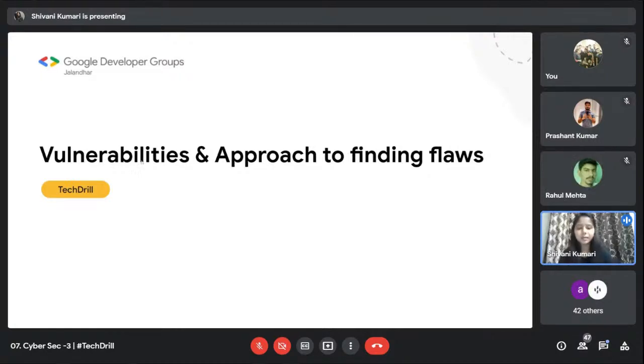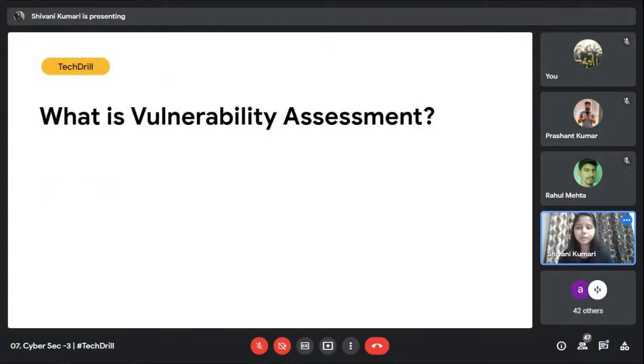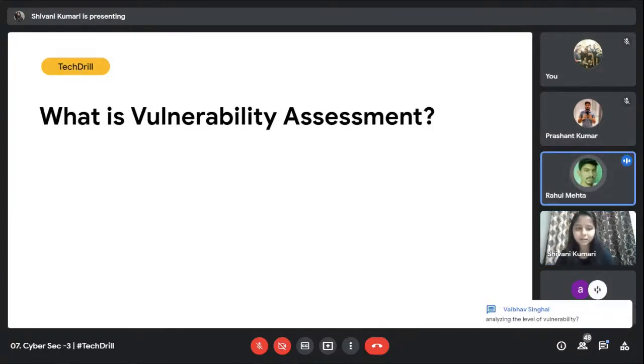Now I have a question for you all. What is vulnerability assessment? Only vulnerability assessment. Finding vulnerability in any web or application is a vulnerability assessment.